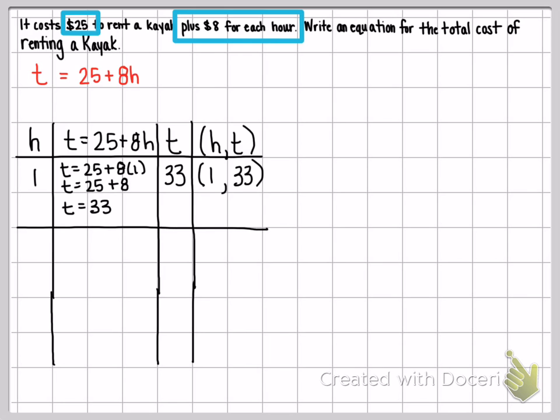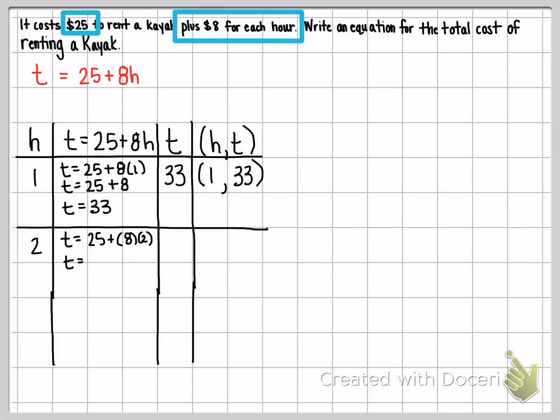Okay, so what you could do now is plug in 2, find the pattern from 1 hour to the next, or you could plug in 3 and maybe plug in every other number. It's up to you if they don't give you any specifics about what you're plugging in. So let's plug in 2. T equals 25 plus 8 times 2.